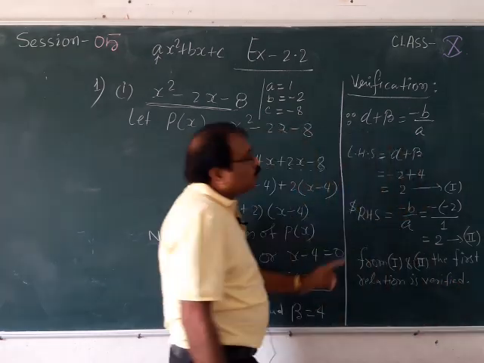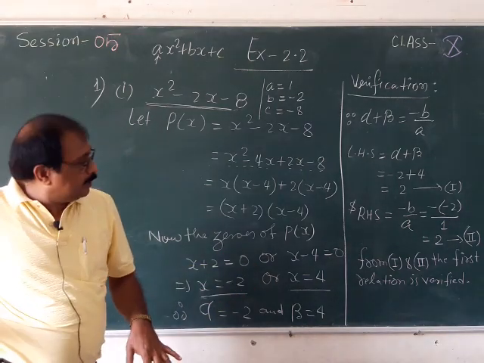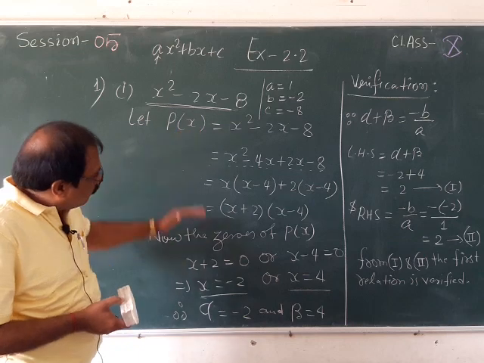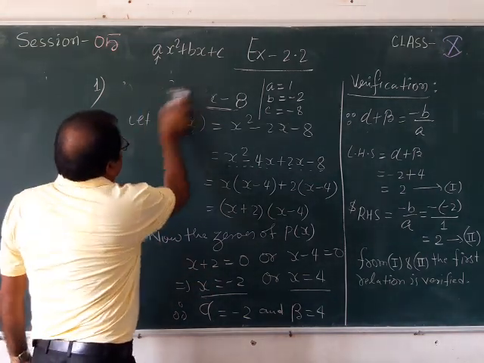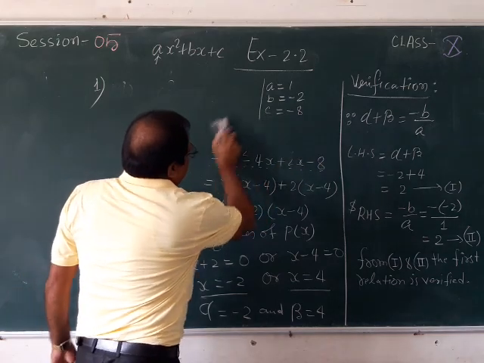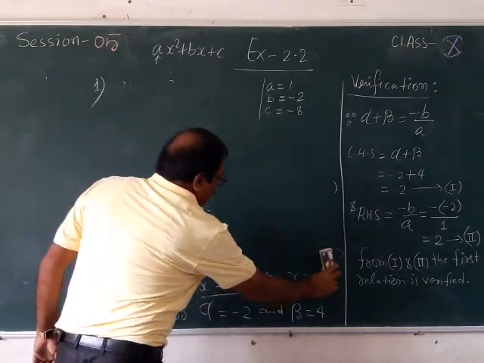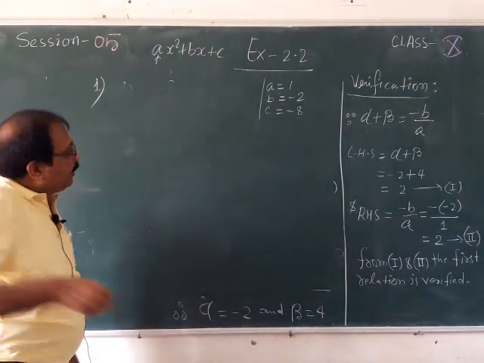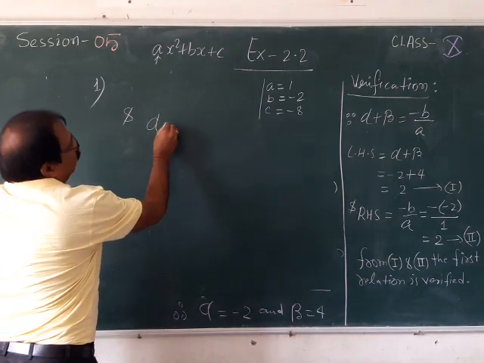Now you are having one more relation, that is alpha into beta equal to c by a. I hope that this part you have written, so I am just cleaning this part. Okay. Now I am checking the second relation, alpha into beta.